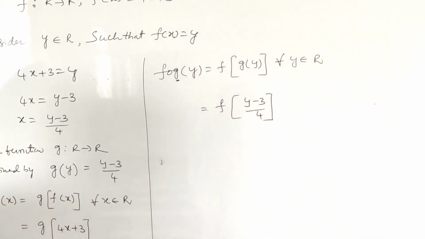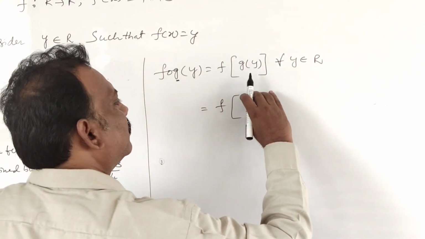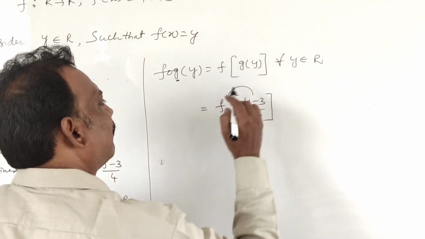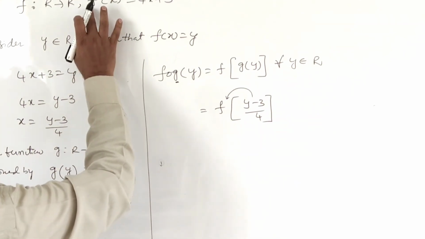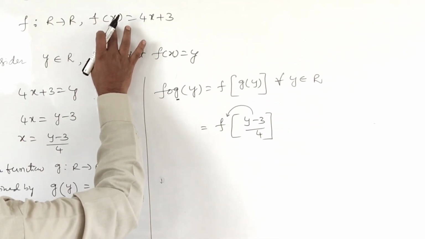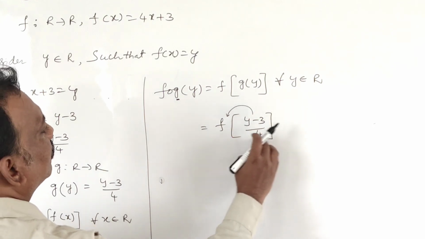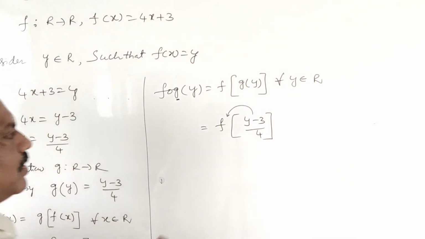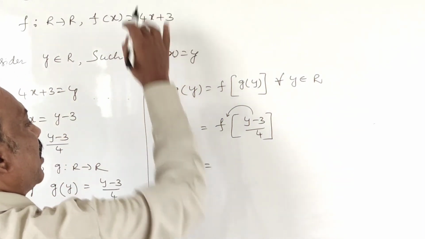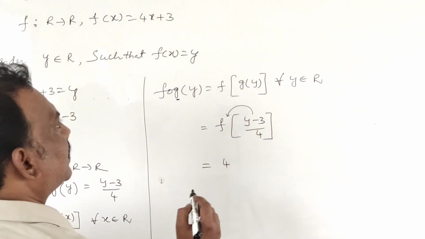Now f of g of y, with g of y value being (y minus 3) upon 4. Now we have to check this value by replacing it in f. Where we have to replace? f's variable. After f the variable is x. So this entire value we have to replace only on the x on the right side. So before x we have 4, you can copy it the same.